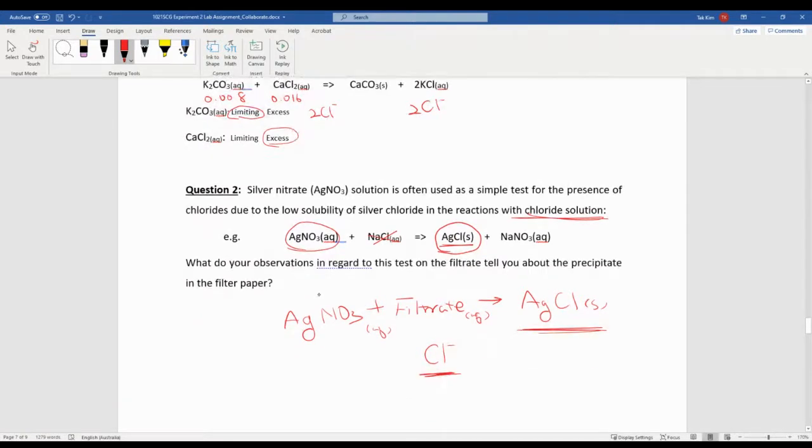Which means you had chlorine from your excess reagent as well as your byproduct. That is why you could observe silver chloride solid, which is a cloudy precipitate.